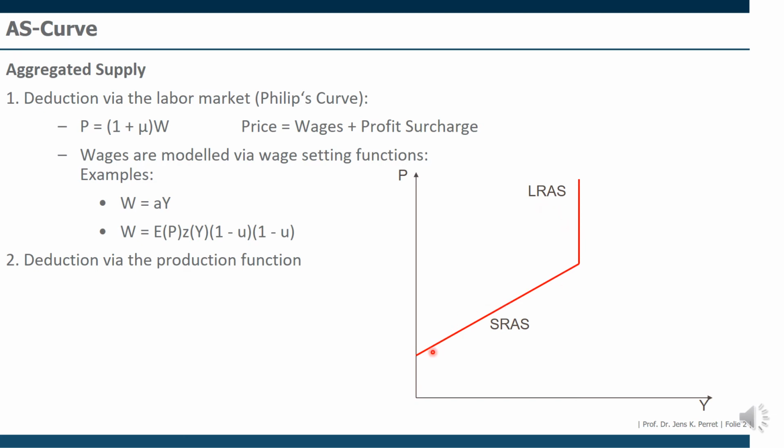Because here we assume that in the short run, we might deviate from fully employing all our factors, but in the long run, the market will always achieve a situation somewhere in this part, meaning a situation where all production factors are fully employed.